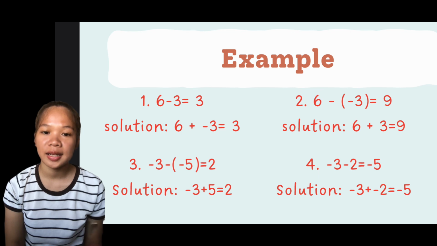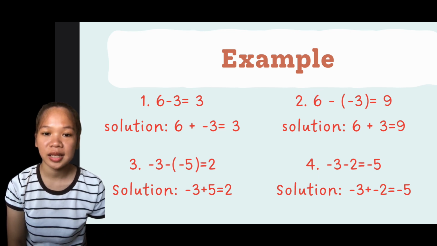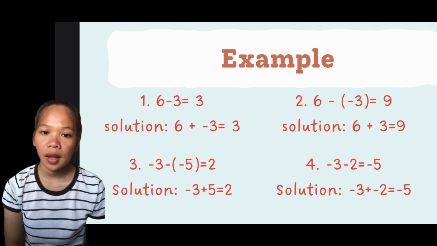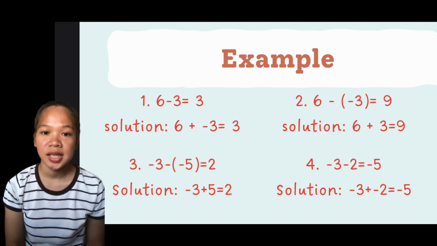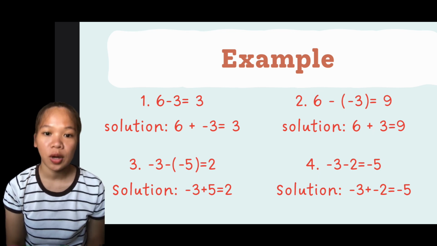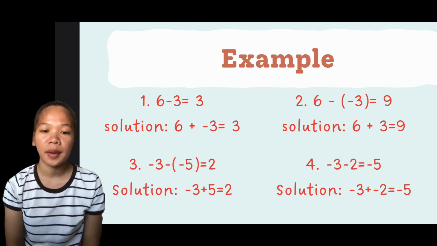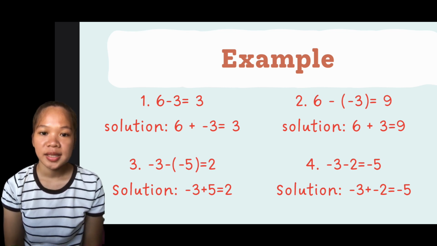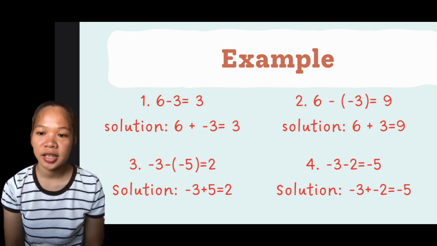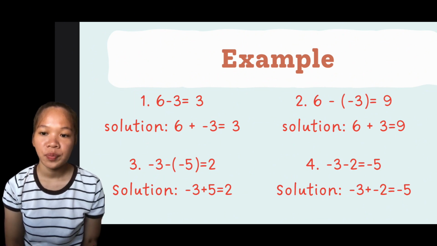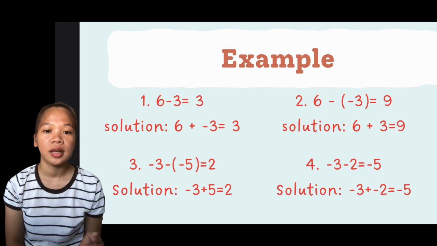So, papabayaan lang natin yung first number which is ang 6. And then ang minus sign is we're going to replace it with the opposite. Ang opposite ng minus is plus. That's why we are going to replace it by plus. And then sa ika-second na integer is of course we're also going to replace ang kanyang sign. So it is because negative siya, so gagawin na natin siyang positive.